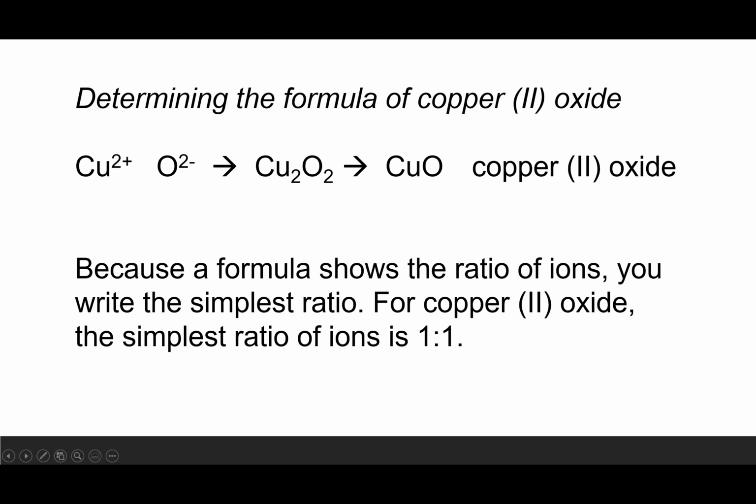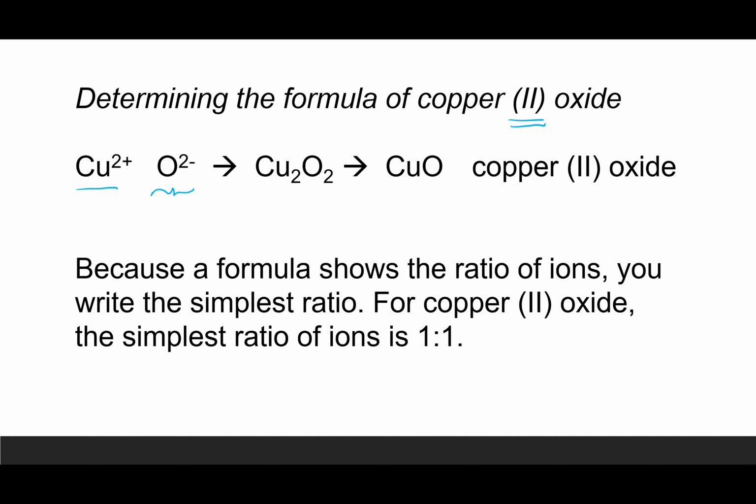If we want to look at the formula for copper(II) oxide, once again, when I see the Roman numerals, that is indicating to me what the charge is on the metal ion. So in this case, I have Cu2+. I can determine the charge on the oxide or the oxygen ion based on its position on the periodic table.